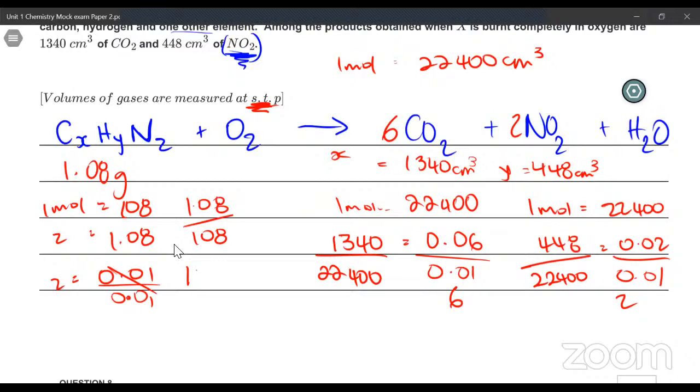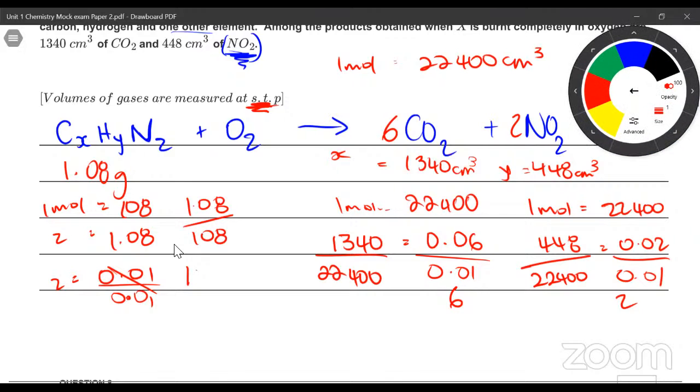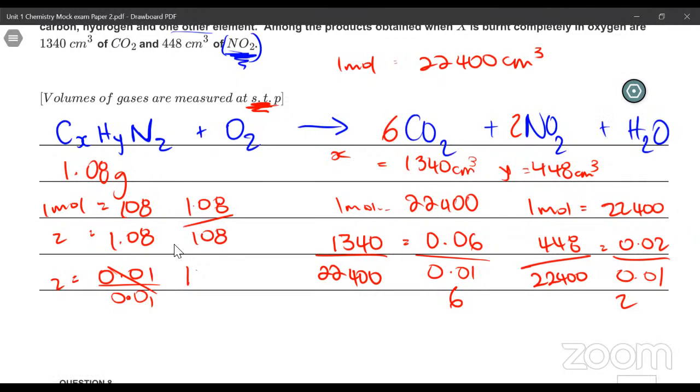All right. Now that we know this, we can actually start writing our molecular formula. So C6, because we have 6 carbons, and I'm not sure how much hydrogen yet, so I'll just put HY, and N2.